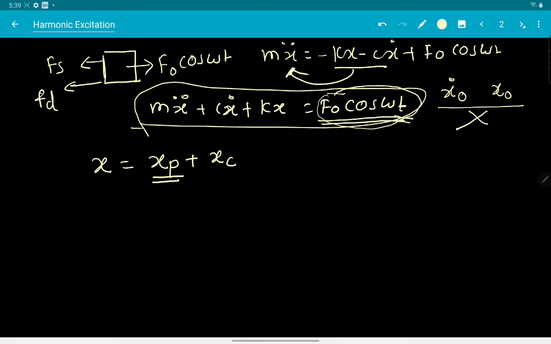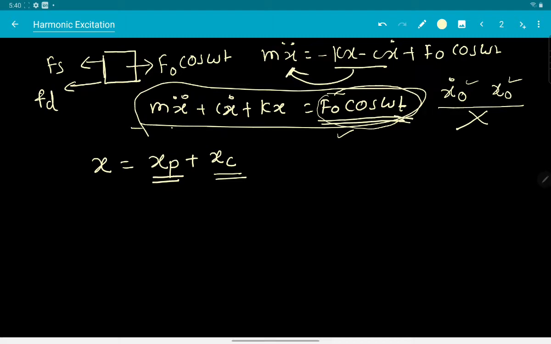We forget that there are certain initial conditions. We don't even look at them, and we solve our differential equation just looking at this side and this side. Then we arrive at this xc, which has two handles it will use to satisfy these two initial conditions. So xc along with xp satisfies these initial conditions.